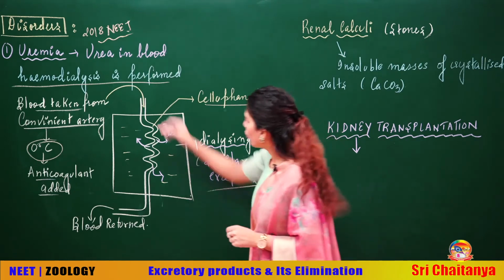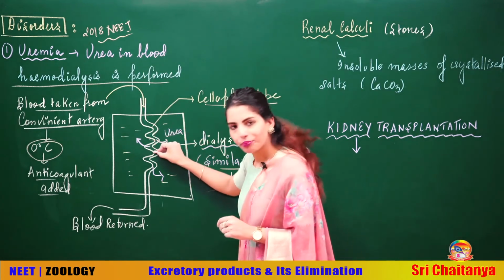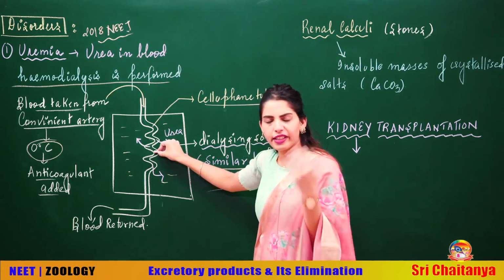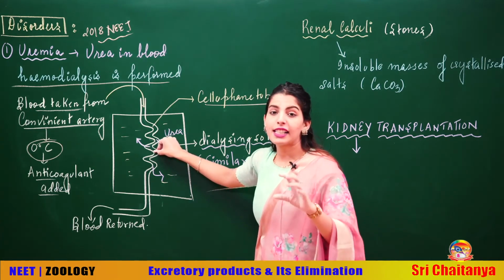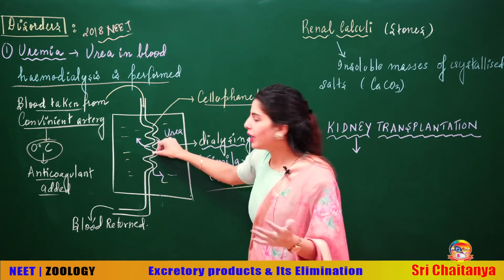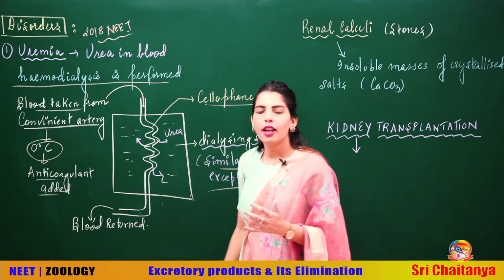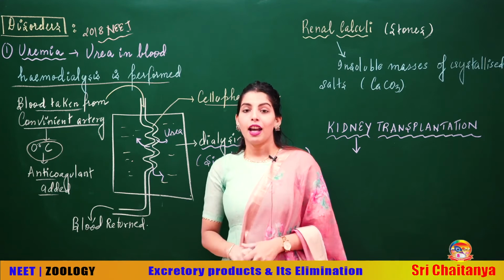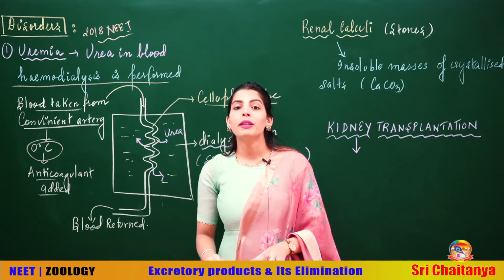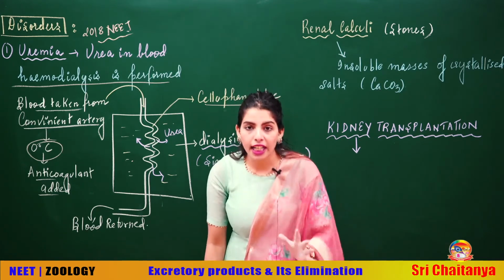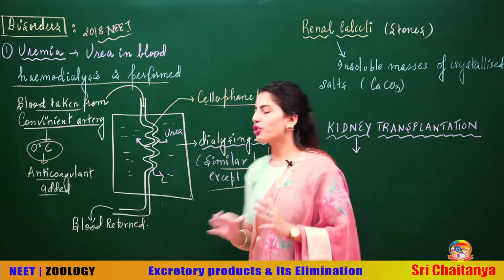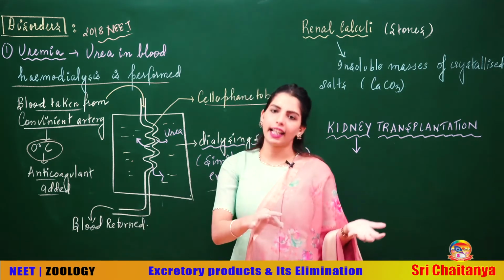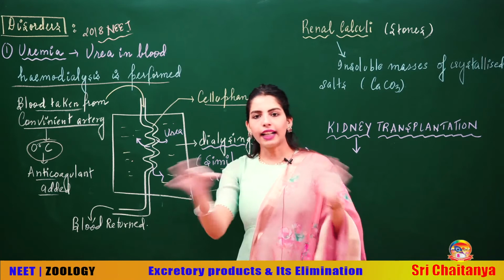When you move the blood through this tube, it has a high amount of urea. This nitrogenous waste can passively move into the dialyzing solution because the dialyzing solution has no nitrogenous waste. But to prevent the movement of any other important proteins, the protein composition of the dialyzing solution is exactly like that of your blood plasma, so that they do not come out.